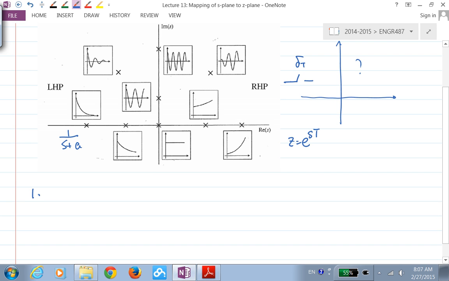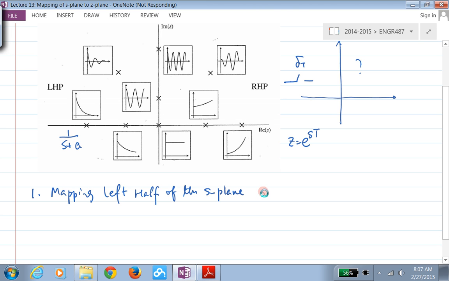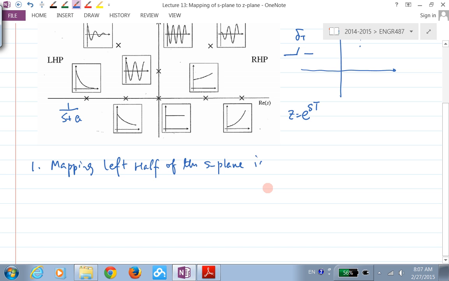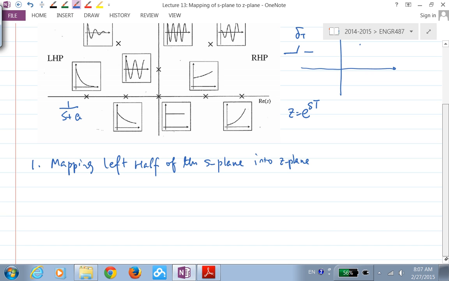First, let's look at it in general, because we're really interested in the mapping of the left half of the S plane. Left half of the plane means what?